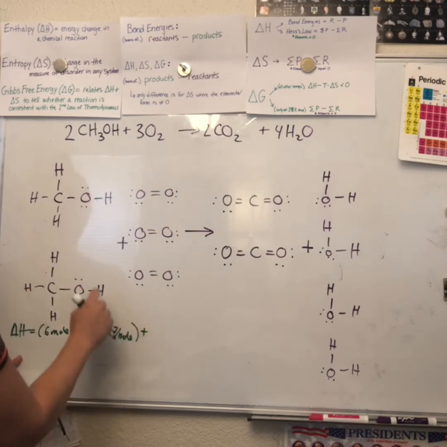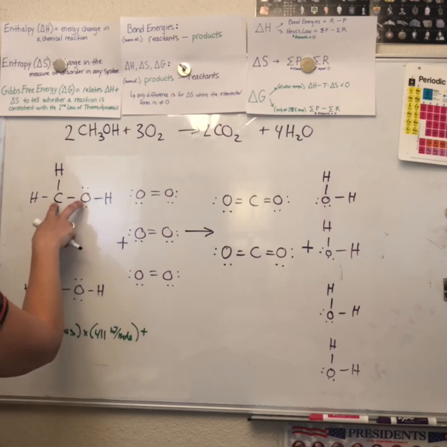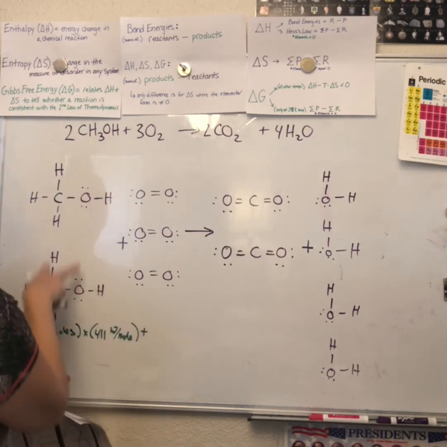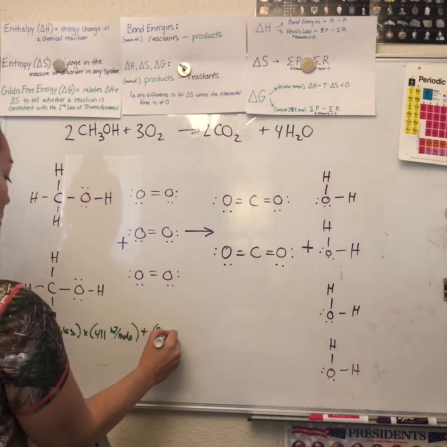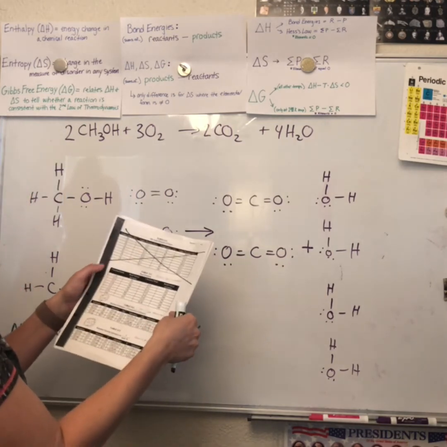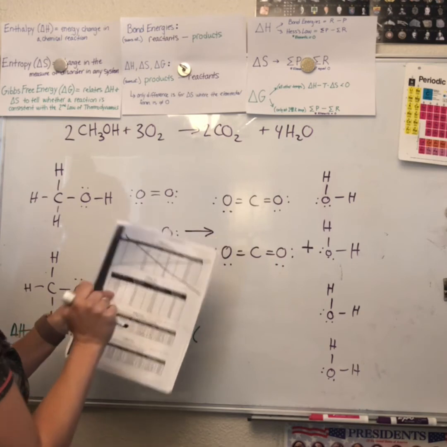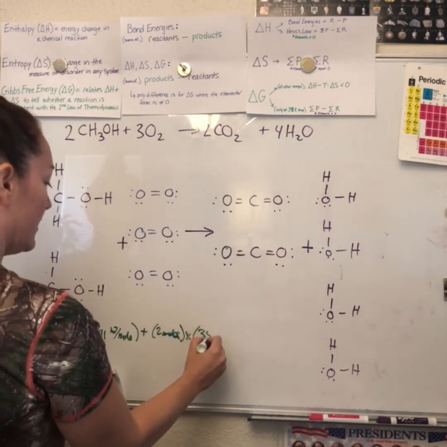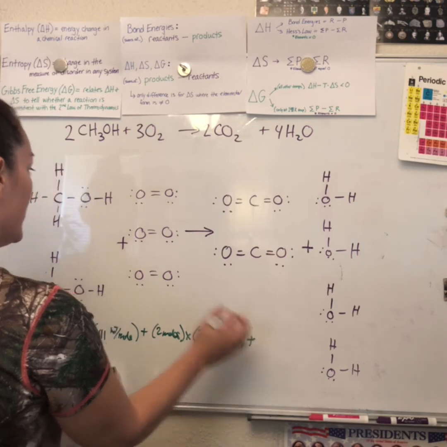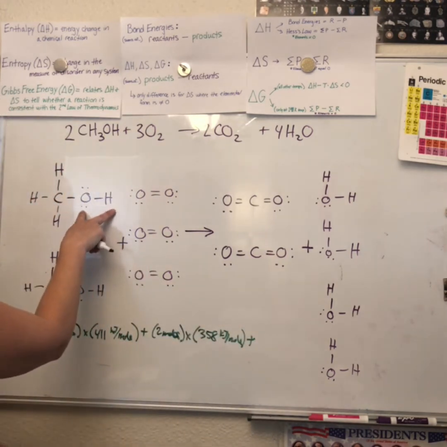I'm going to add the next one. Now I see a carbon to an oxygen. So I've got 2 of those, 2 moles, times the carbon to an oxygen, which is 358 kilojoules per mole. Plus, the next one is oxygen to a hydrogen.